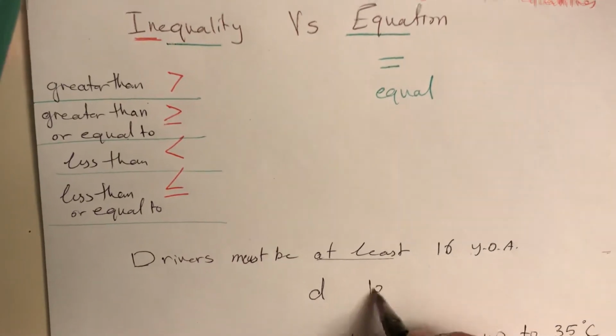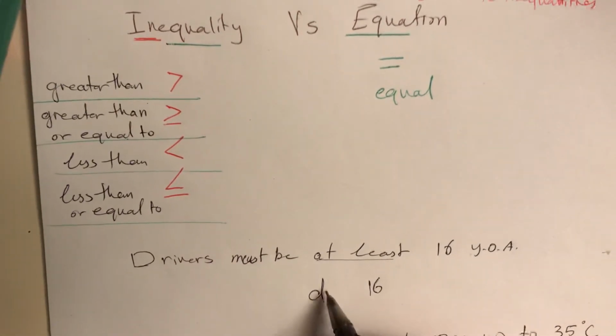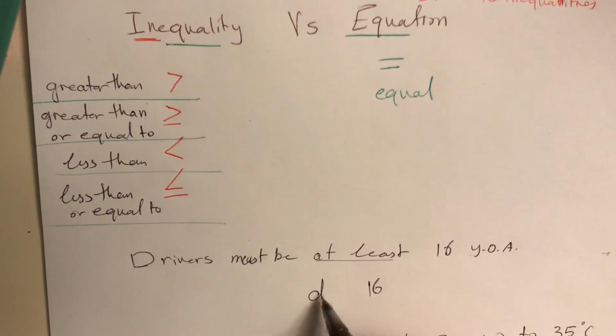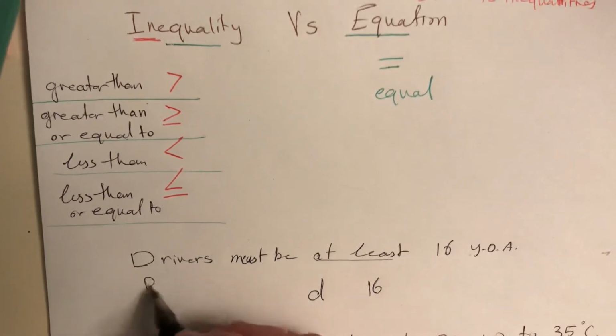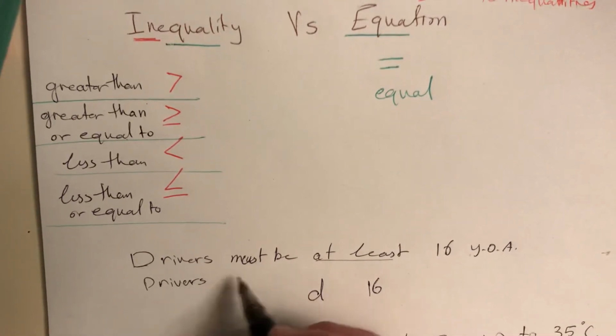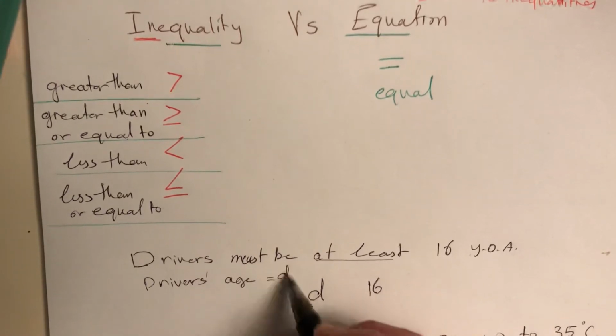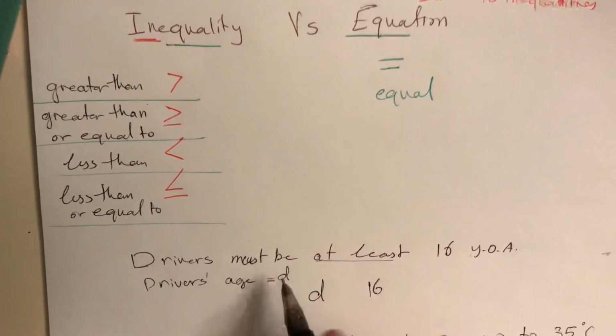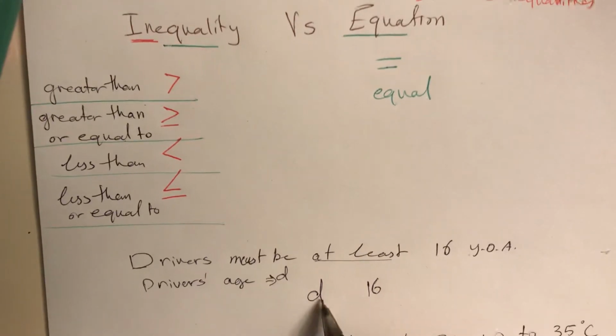So what do you think now? Is the driver's age, so you can say driver's age is D. Okay, so if the driver's age is D, do you think D is greater than or less than 16? That's the question you always want to ask yourself before you draw it.